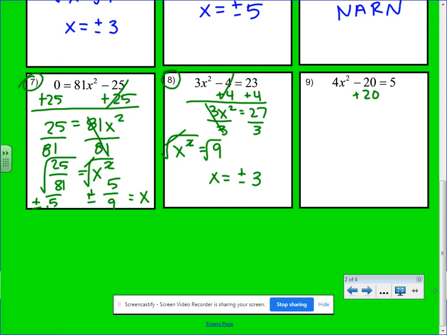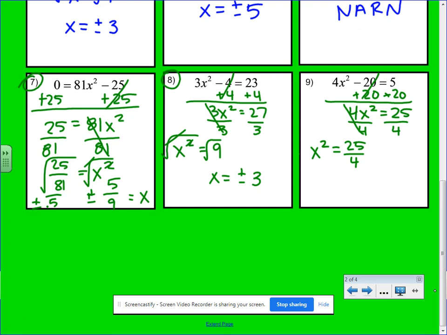All right, number 9, last one. Add 20. I get 4x squared equals 25. Next step, of course, I'm going to divide by 4. And the same thing that happened in number 7 is happening here: 25 over 4, it's obviously 4 doesn't divide 25.